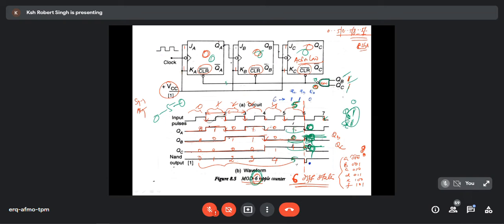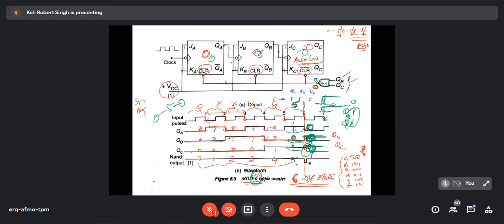Earlier the waveform was high. It will be high for some time and then become 0 like this. This one also will be high, and after some time it will become 0. It will not remain high because it is already cleared.